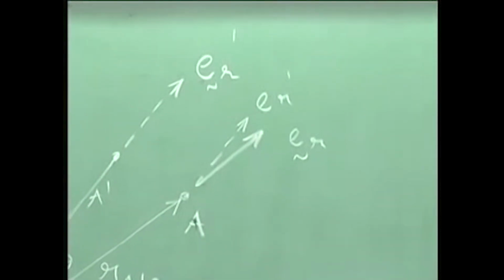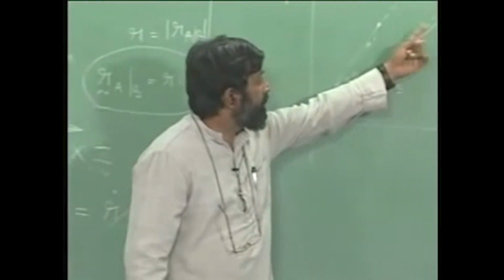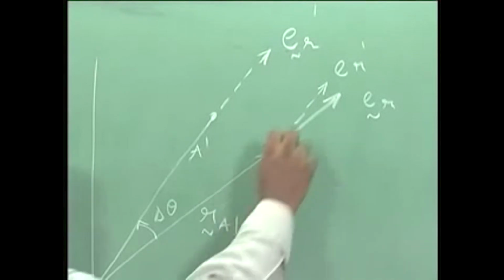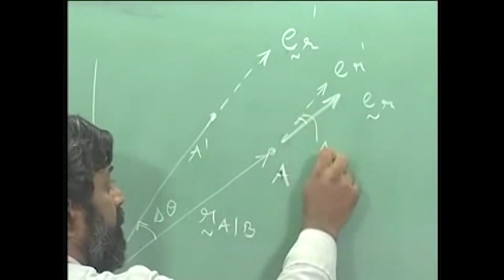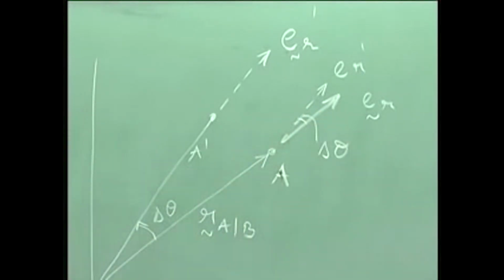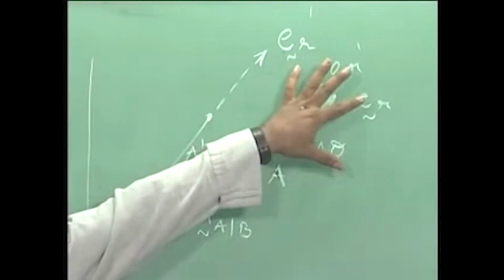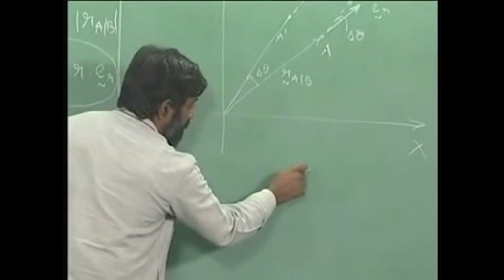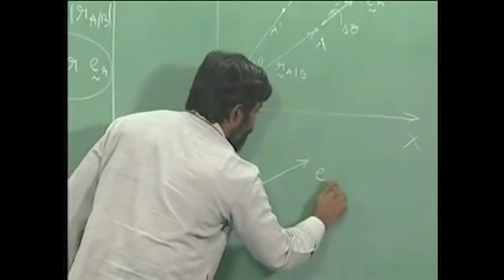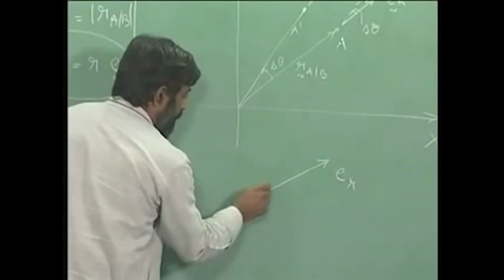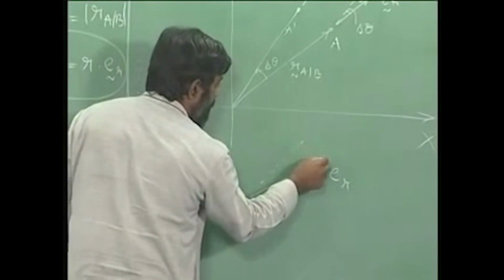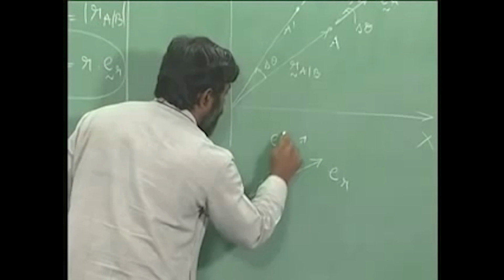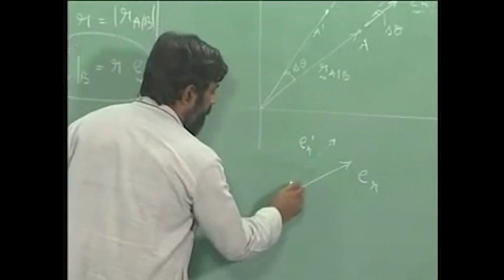Do you agree with me? And what is the angle between these two? It is delta theta. Let me just zoom this in. I have ER, I have ER prime, just to give you an idea.